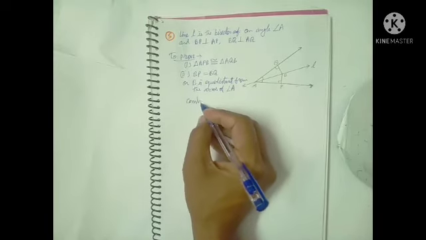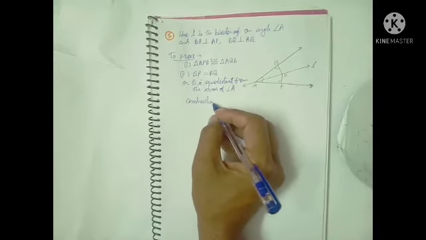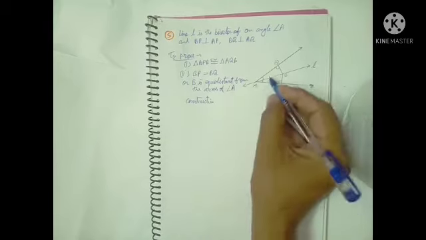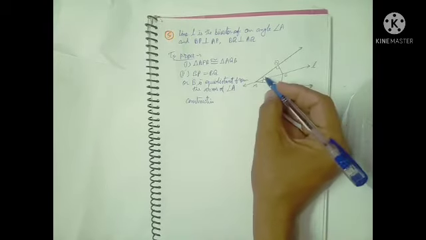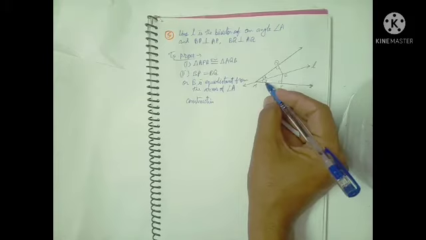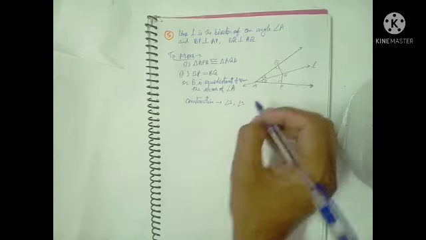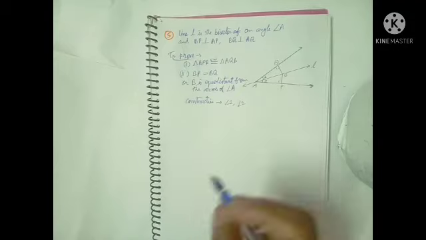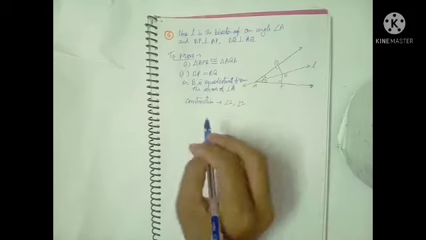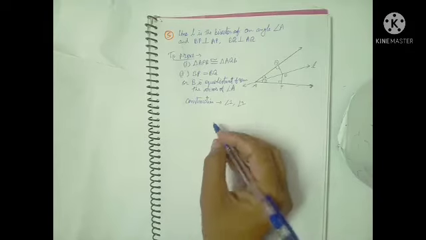See, construction. What will we do in construction? Let this angle be 1 and this be angle 2. Angle 1, angle 2 you have constructed over here, and then we should start. It's very simple.